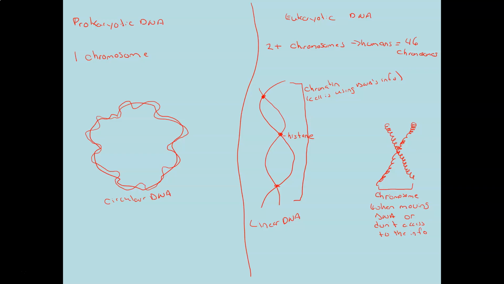So in your brain cell, the information on how to be a brain cell, that piece is open like this. Everything else is condensed. I go to your muscle cells and it's a different component of your DNA that's being accessed. Brain cell function and everything else is shut down. And hopefully that makes sense. And that's how we are able to specialize your cells.